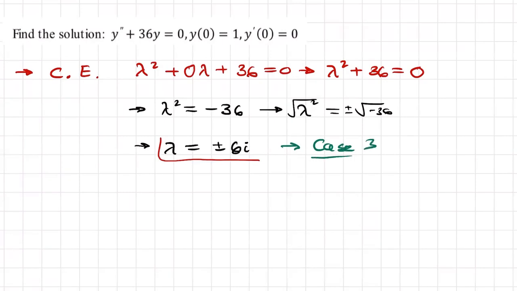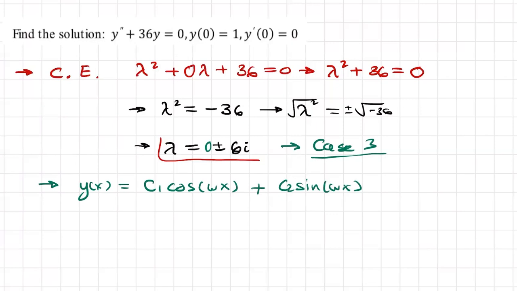This is the example in case 3 that I mentioned, that it's still complex, but because there's no real part, you can see the real part right here is 0, it takes the following form. So y of x is equal to, the exponential basically cancels, and we're just left with c1 cosine of omega x plus c2 sine omega x.